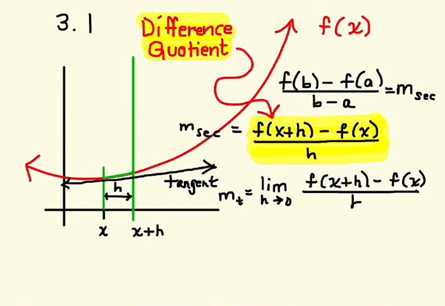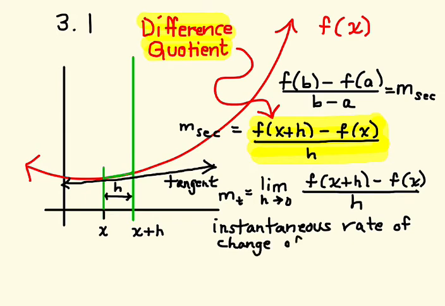If you think of the slope of the secant as the average rate of change, the slope of the tangent is the instantaneous rate of change of a function f of x.